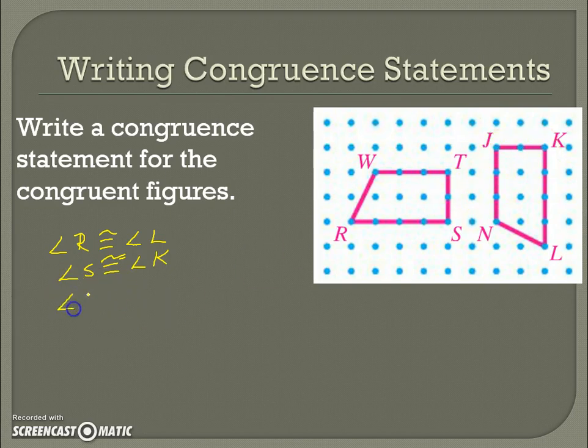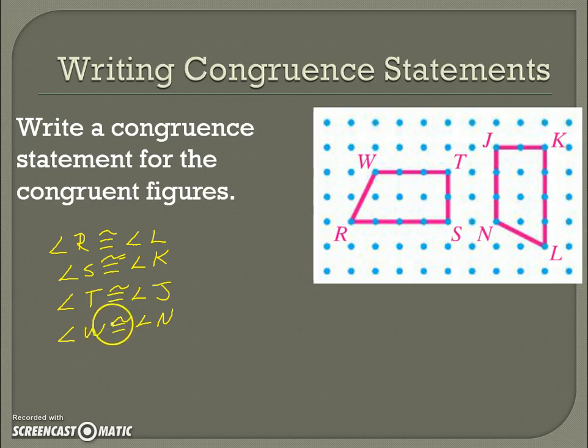So T corresponds to J, or is congruent to angle J. And then it looks like W is congruent to N.